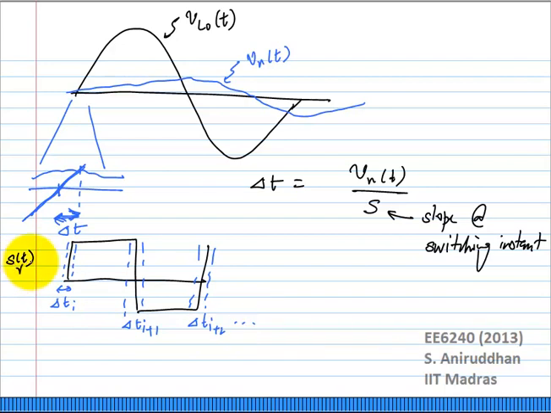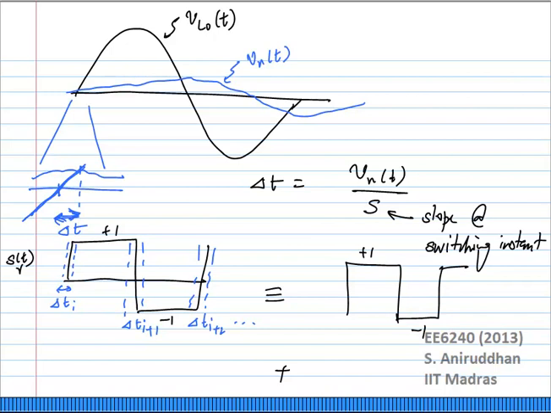So let me call this SR of t because it is not the original signum function, and I can decompose this into an ideal signum function. So this was plus 1 and minus 1. And what else? What will be the other extra component which I am adding?